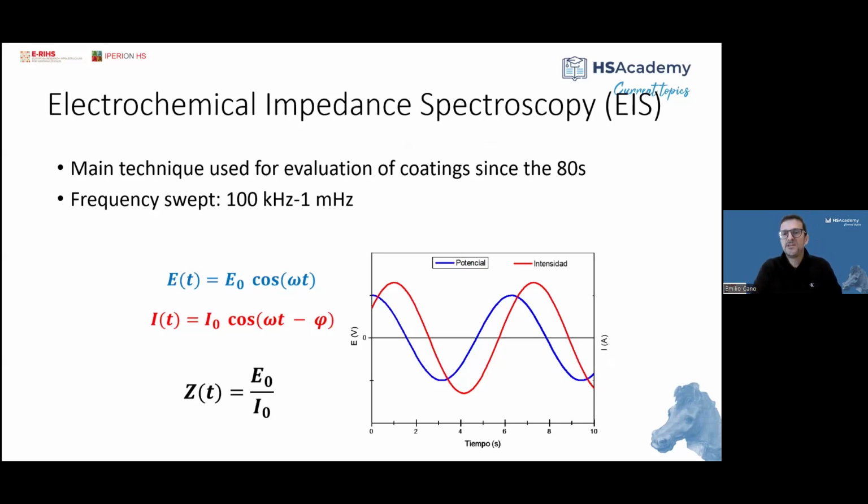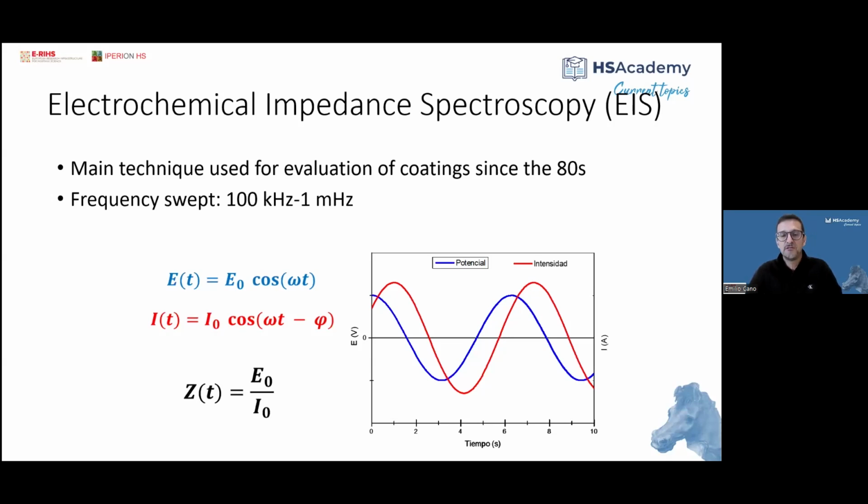The idea of this technique is that we apply, in this case, an alternating current signal, typically in the potential. You see in blue the equation at different frequencies, and we register the response of the system in the intensity, which is a signal with the same frequency, but displaced in the phase.